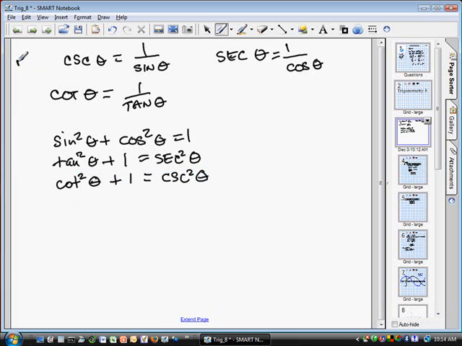These are the reciprocal identities. These are the Pythagorean.